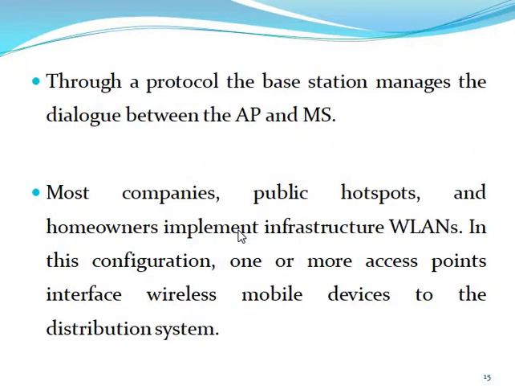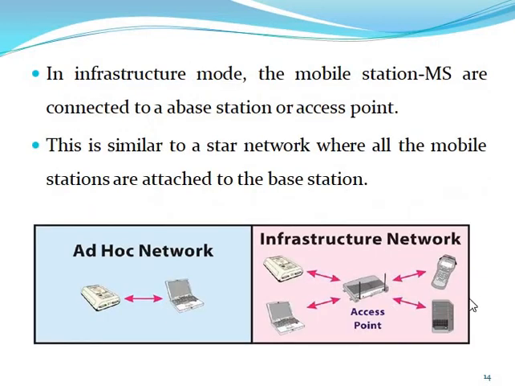Based on the protocol, the station manages the dialogue between the AP station and the mobile station. Most companies, public hotspots and home owners implement the infrastructure wireless LAN. The configuration has one or more access points, the interface of the wireless mobile device, and then the distribution system. Mostly in a public network or any campus or any home, the wireless system uses the infrastructure mode.